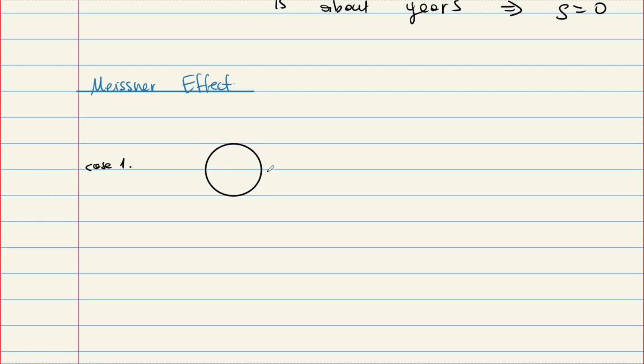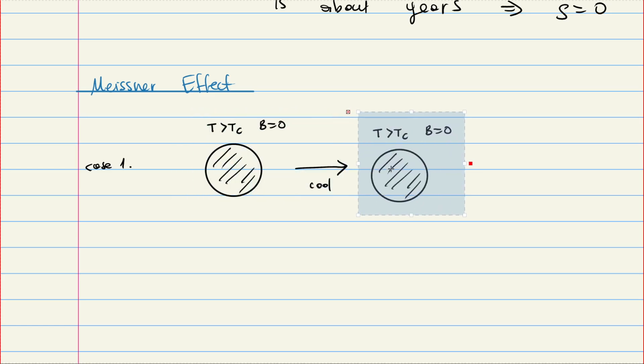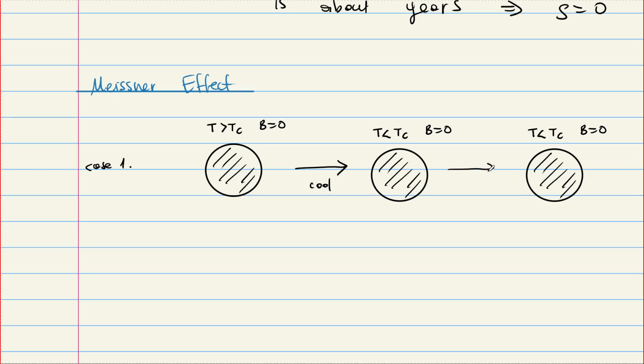Suppose I have a piece of material, and I start with T bigger than Tc, and B is equal to 0, and then I cool it, and I go to the superconducting phase, T less than Tc, and B is still 0, and then I turn on B.